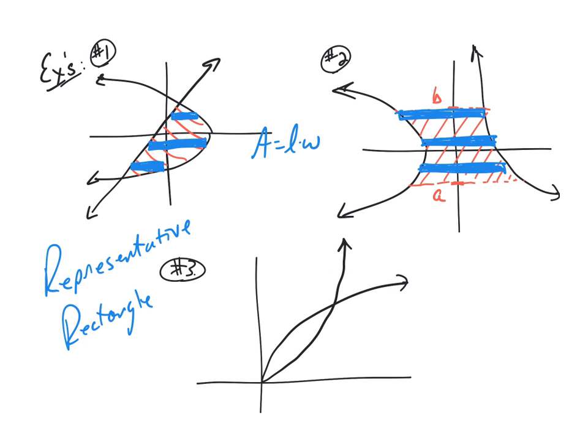Please notice the lengths are horizontal, are side to side, are right to left. And the width is going to be infinitely skinny. Remember, we're going to be adding up an infinite number of these. So the width is going to be infinitely skinny, but they're all infinitely skinny up and down.